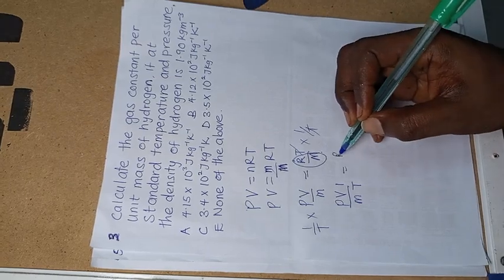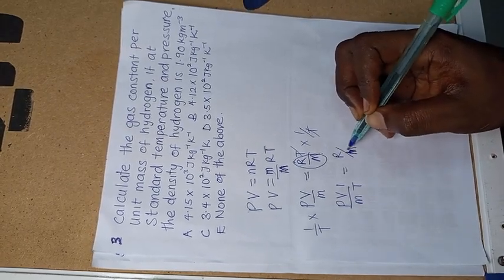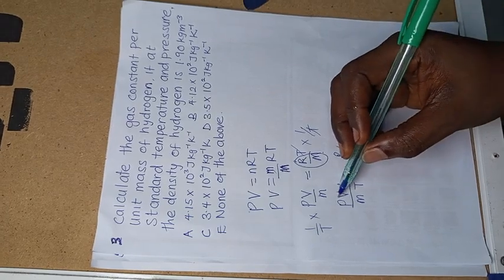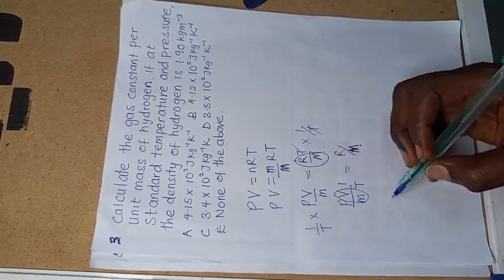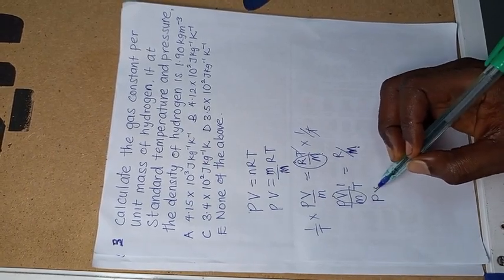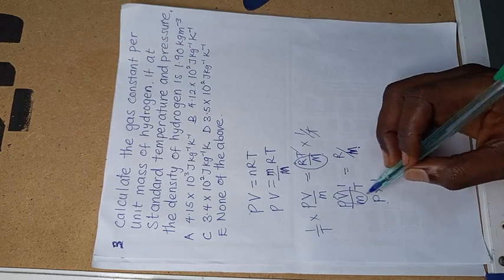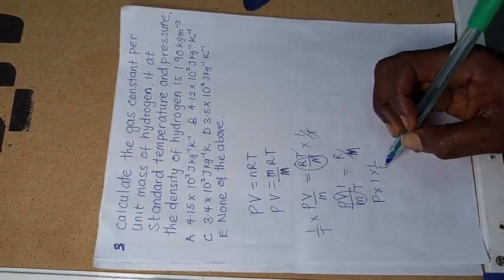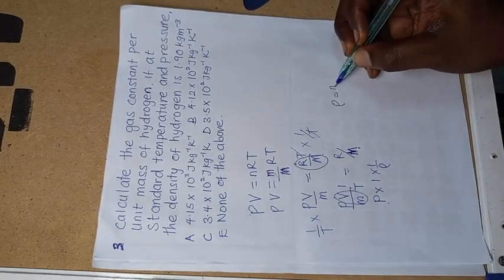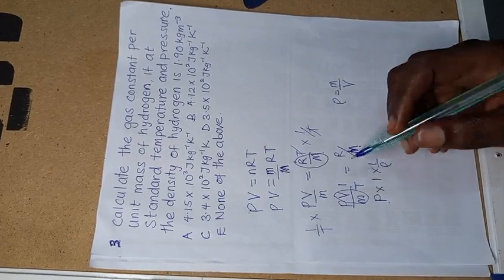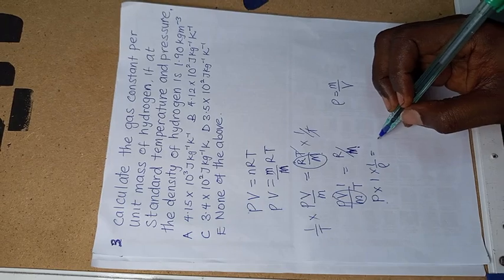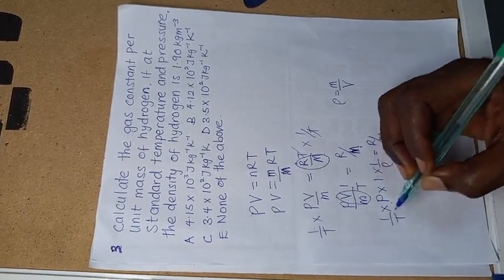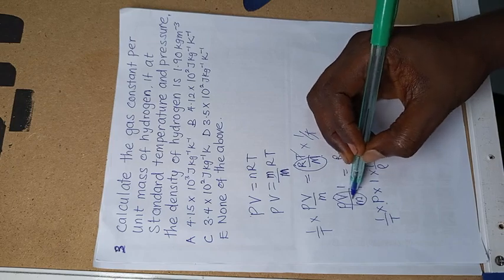So we are left with R over M, which is molar gas constant over mass of hydrogen. Mass of hydrogen will be represented by molar mass. Then volume over mass is inverse of density, so pressure times 1 over density, because density is equal to mass over volume. So what we are seeing here is the inverse, equal to R over M, then times 1 over T. Don't forget there is 1 over T here. This one is the inverse of what?